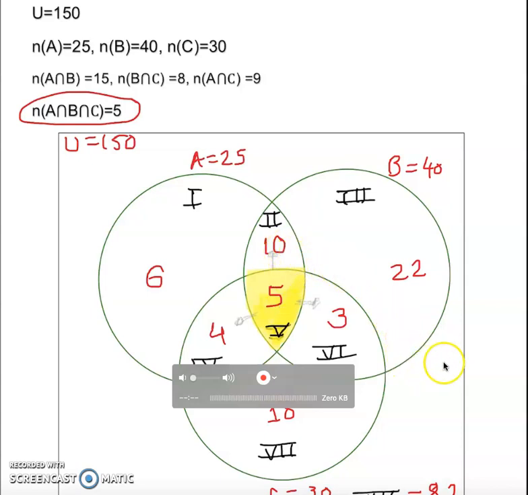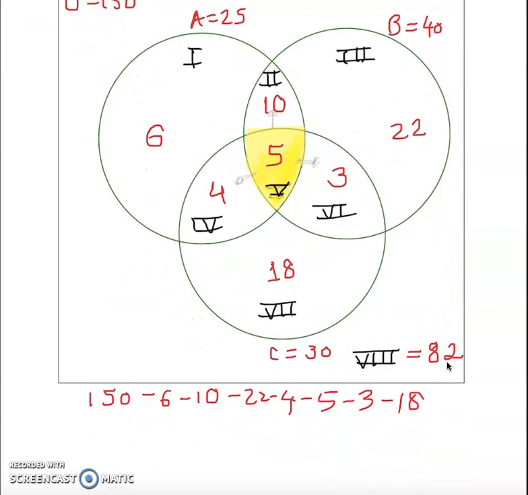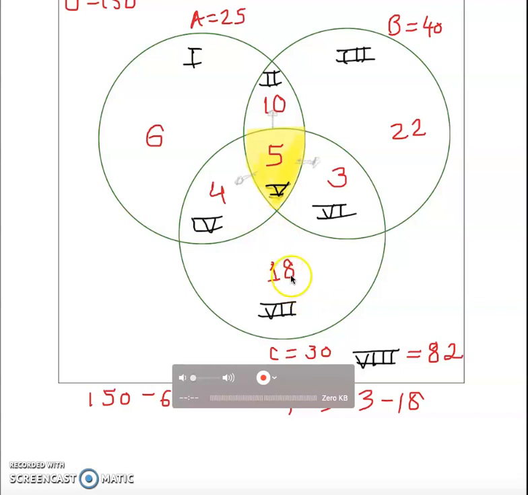Yeah, it works. Very nice. Then you want to check out the next one down here. Look, 18 plus 4 is 22, plus 5 is 27, plus 3 is 30. Yeah, that's 30. You add all of them and subtract from the universal set, you're going to get the 82.